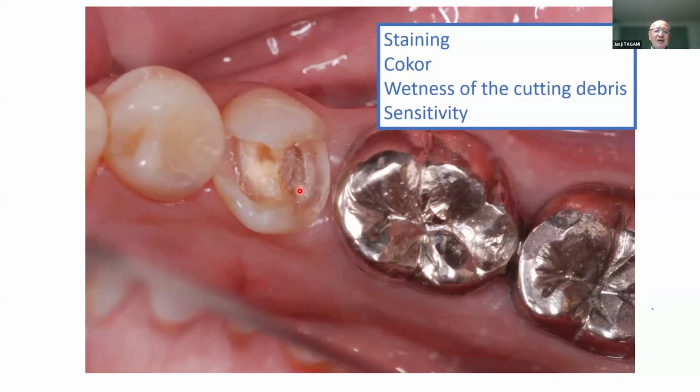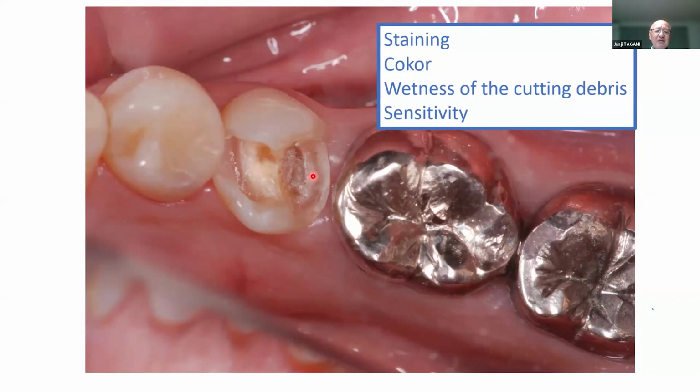In the clinical situation, we remove the outer caries region according to the staining of the region and according to the color of the dentin and sometimes the wetness of the cutting debris. And the sensitivity of the patient is also a very important information for us to diagnose the caries dentin to be removed.